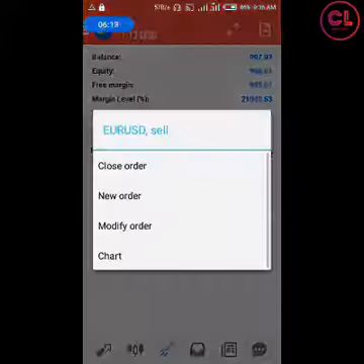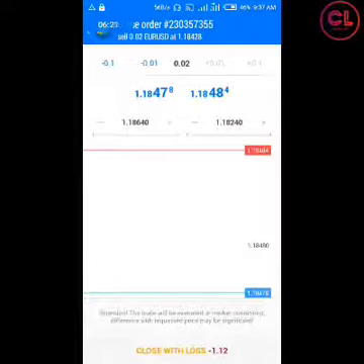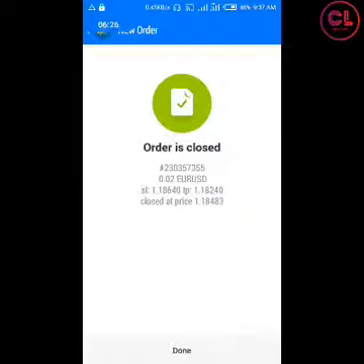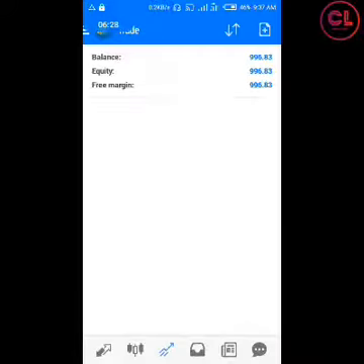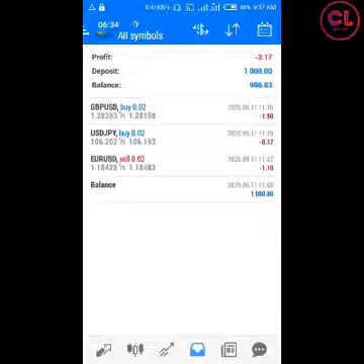Then the second one, close order, close with $1.12. Order is closed. Then if you go to your account by clicking on this box here, you see how much money you've lost or gained.